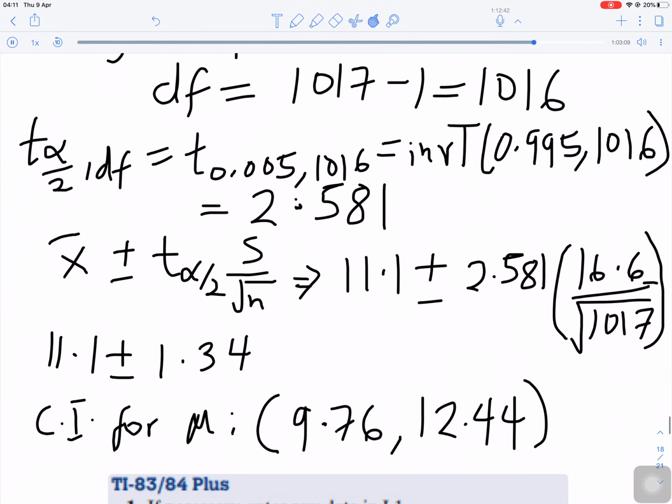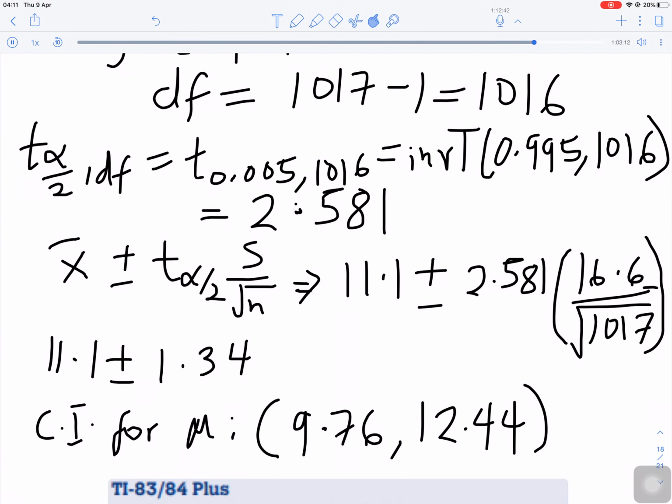When we put that back into the expression, our confidence interval for mu has a lower bound of 9.76 and an upper bound of 12.44. So this is how you get your confidence interval.